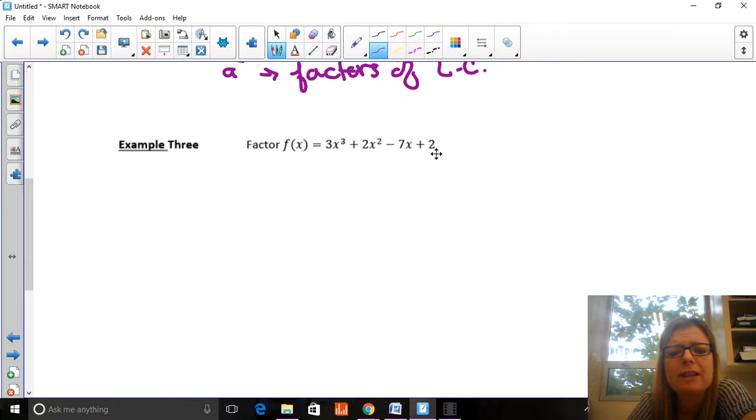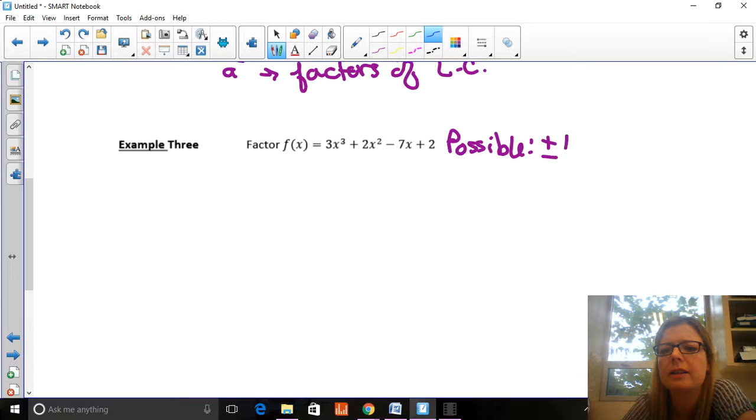So, for instance, this one, to think about all the possible factors, you start with the constant, okay? So your possible factors here are plus or minus 1 and plus or minus 2.